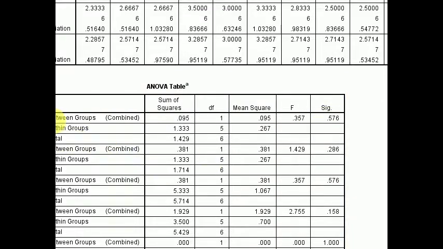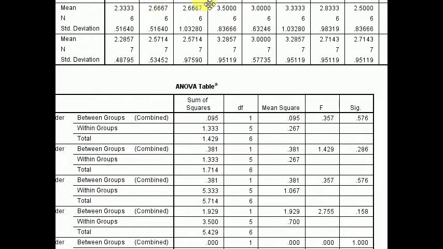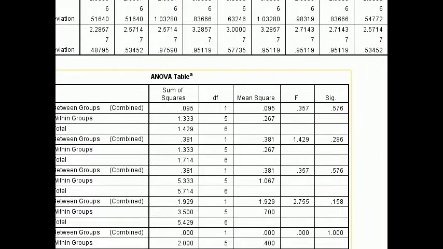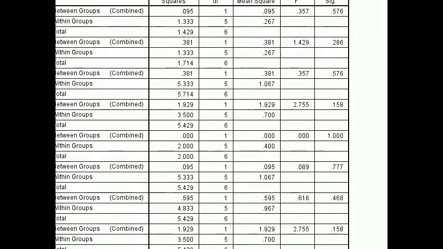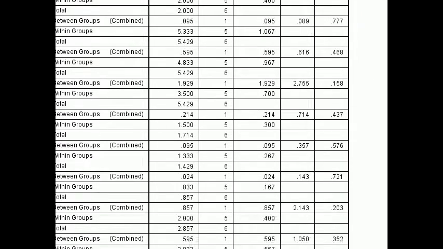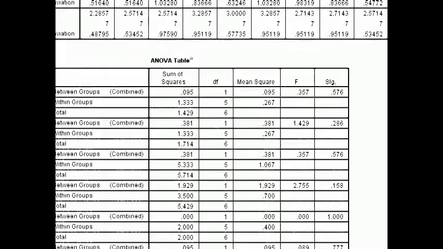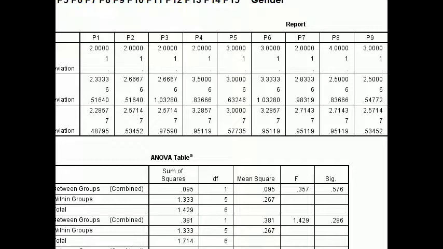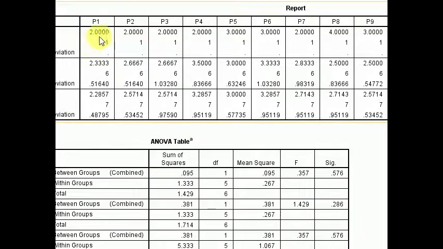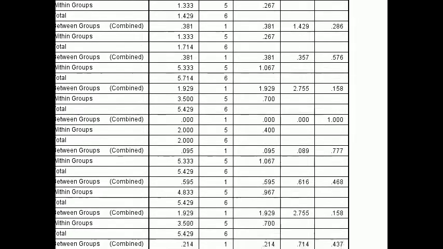As you can see, P1 versus gender is 0.576, and this has to be lower than 0.05 in order to be significant, and you cannot see anything here. So what does this tell you? In terms of gender, it's not significant. One reason is because there's only 1 male to compare it with, and you have a very low population, so you can't really do a lot of analysis there.